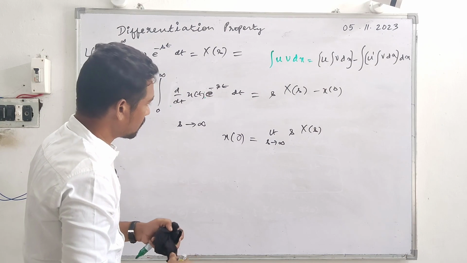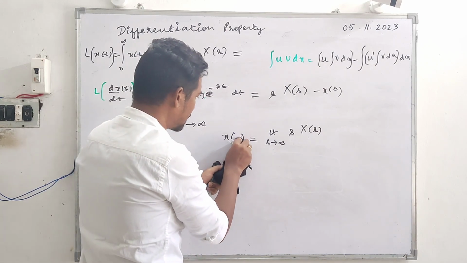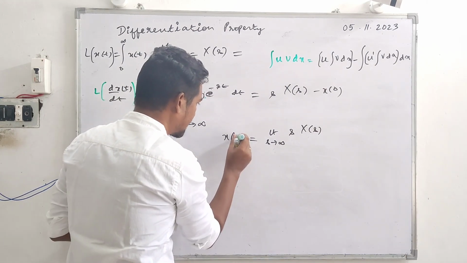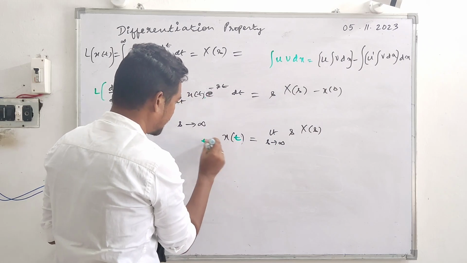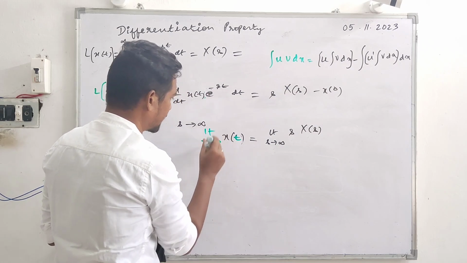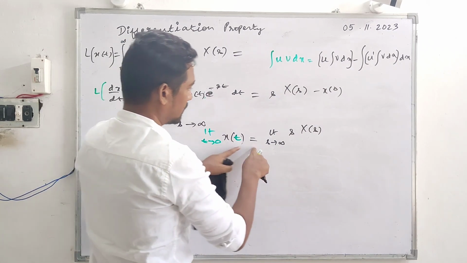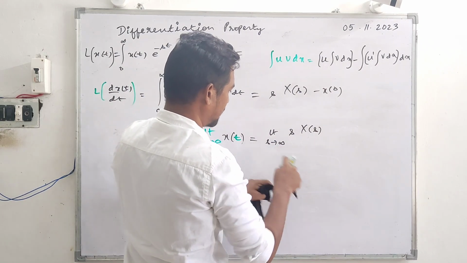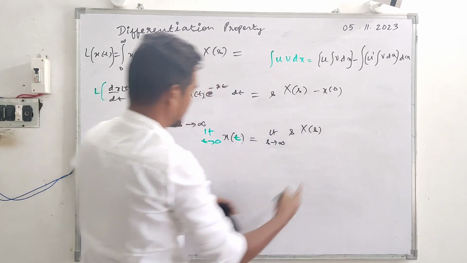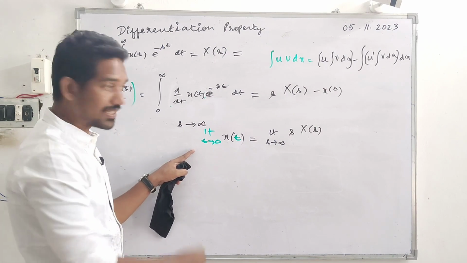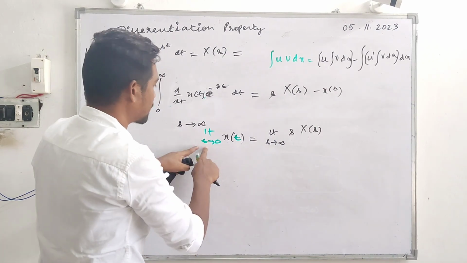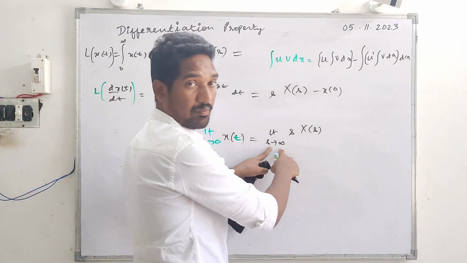And a small modification over here, plugging in t over here, guys, and we had t tending to 0 over here, and so limit t tending to 0, x of t, and limit s tending to infinity, it's the initial value theorem. When t tends to 0, s will be tending to infinity.